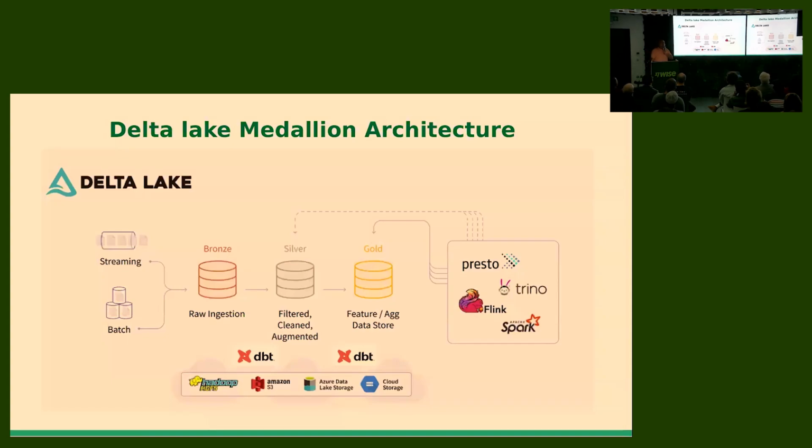Essentially, there are three layers in the medallion architecture. You have the bronze, you have the silver, and you have the gold, right? Now in the bronze layer, what we are doing is effectively not doing anything. We are just taking the data. You're extracting, and then you're loading it. So it's EL instead of ELT or ETL, right?